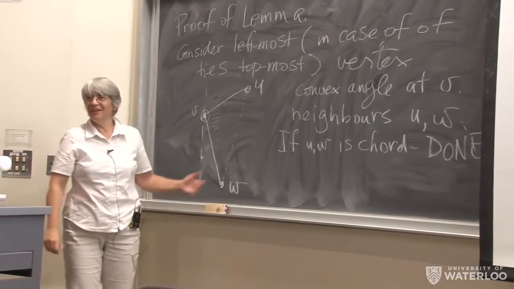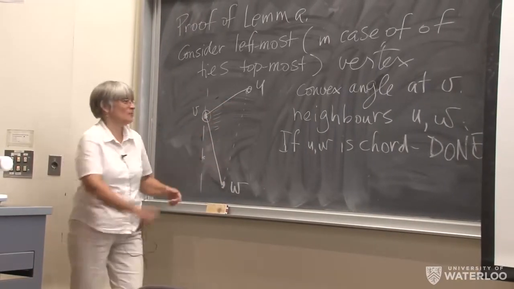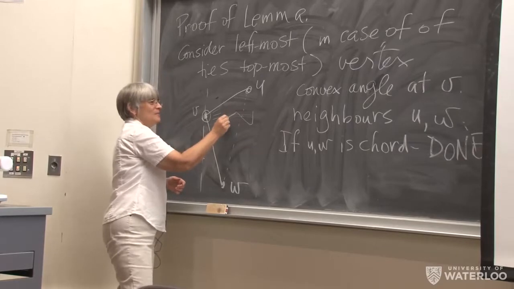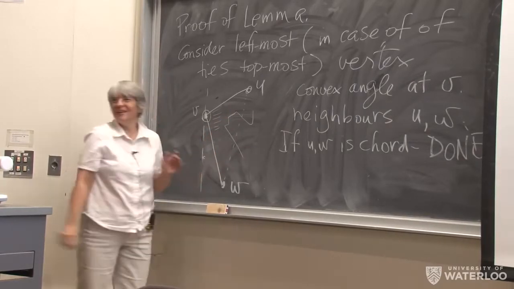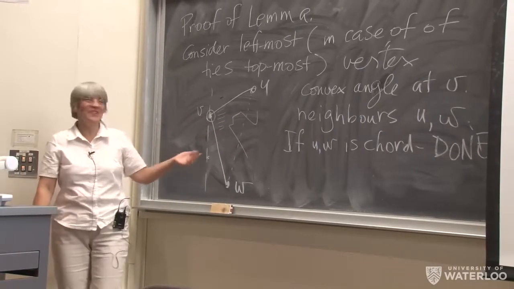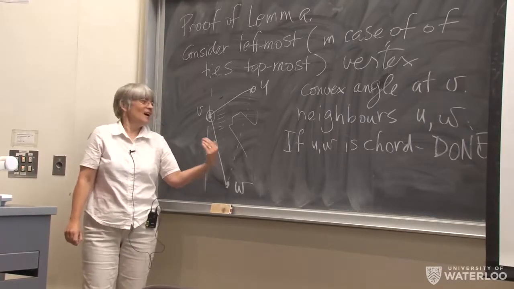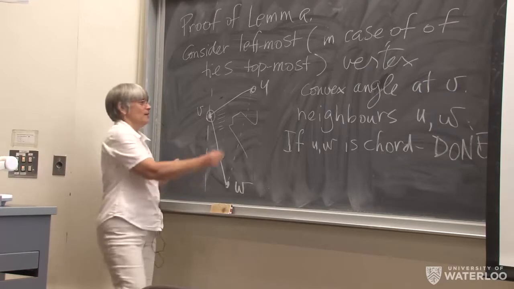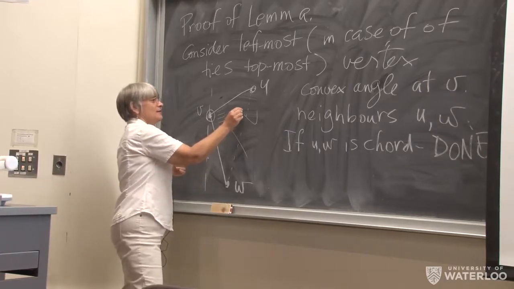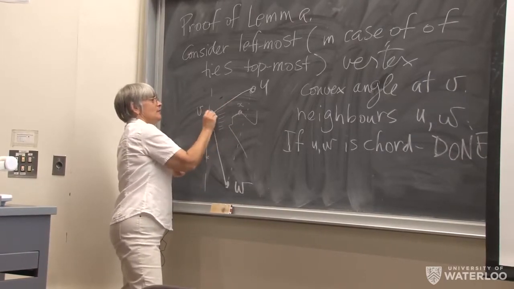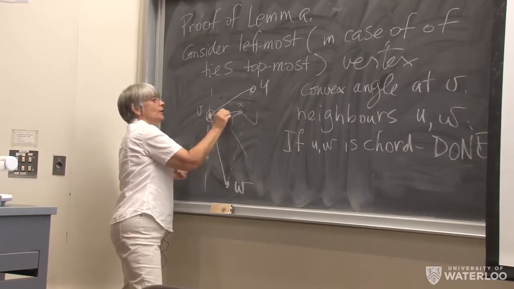So we have to consider the case when UW is not a chord. And what does that mean? It steps outside the polygon somewhere. So some part of the polygon steps inside here. Okay? Now it's easy enough to see that then there has to actually be a vertex that has stepped inside. And what we want to find then is some vertex x such that Vx is a chord.